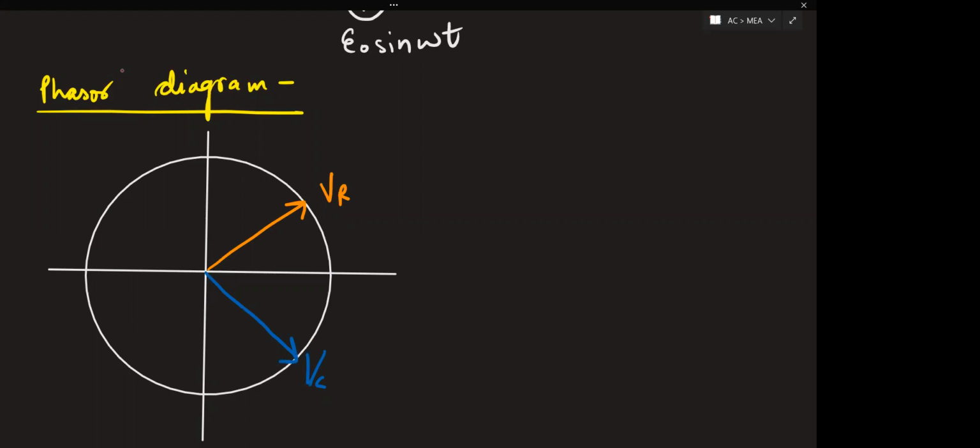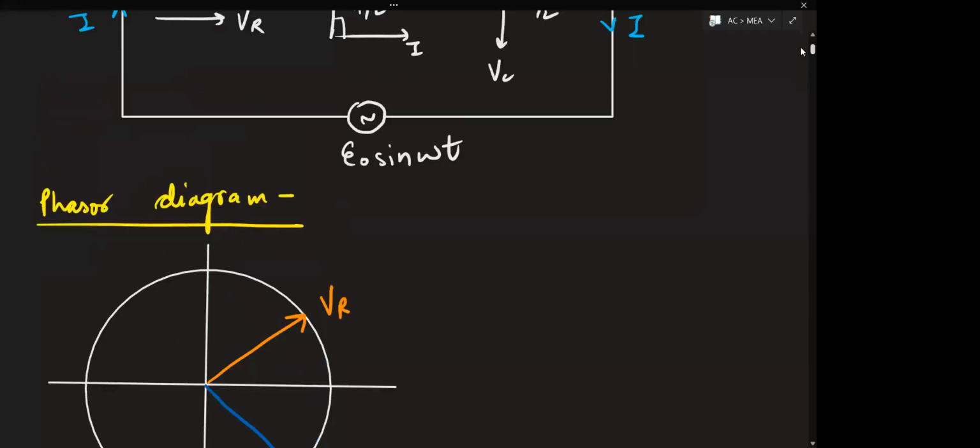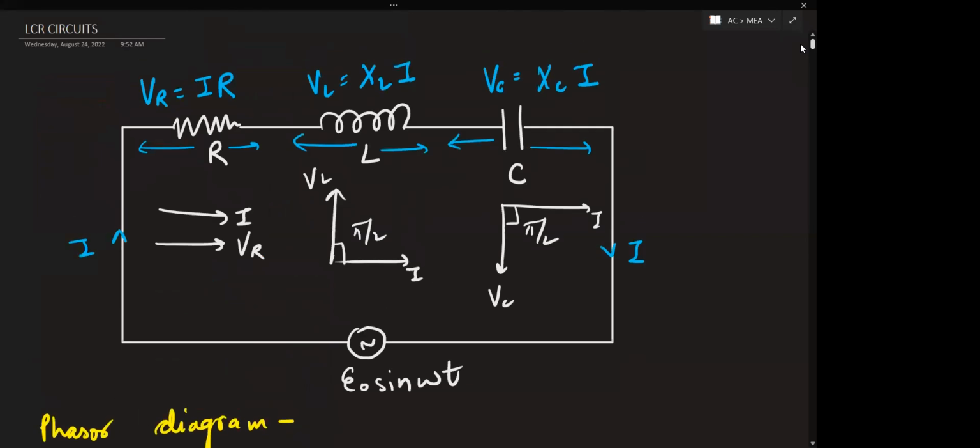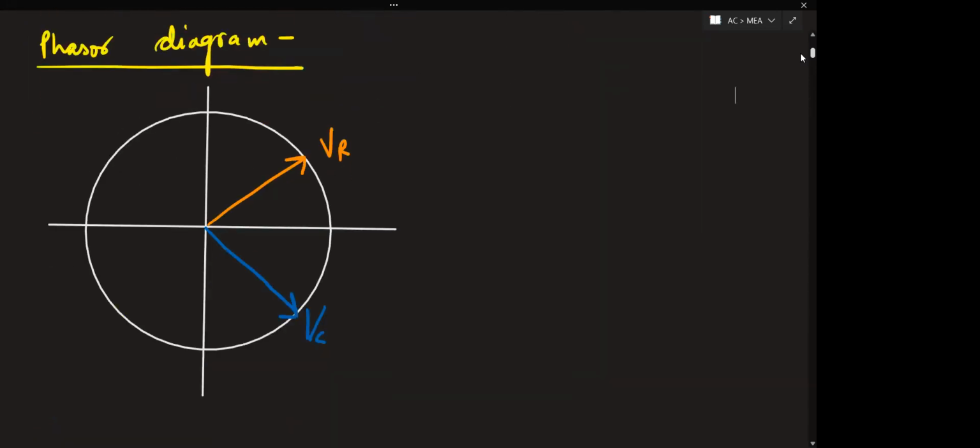It simply means lagging behind. It is just about the phase. These are phasors, not simple algebraic quantities. Then what about the voltage in case of an inductor? It leads by 90 degrees. So when you draw the phasor diagram, this will lead. VL is the voltage across the inductor.